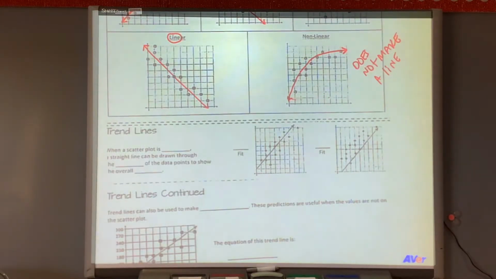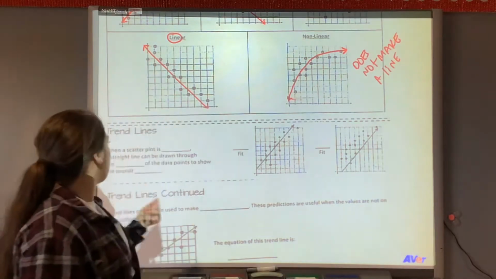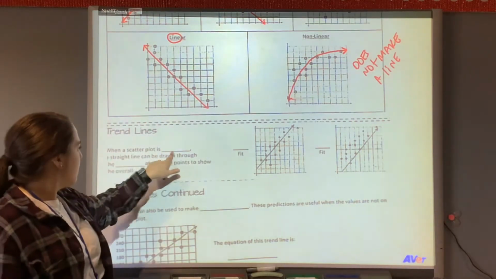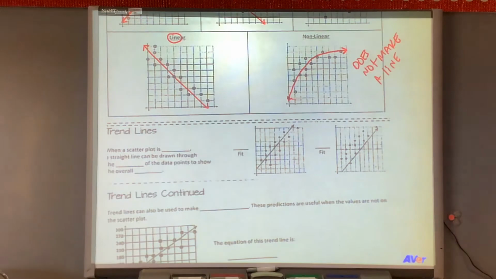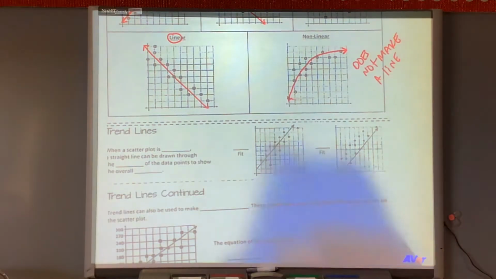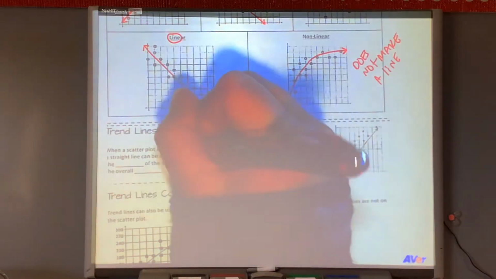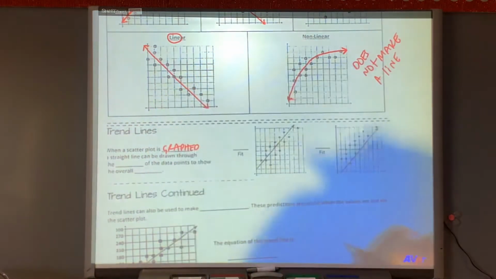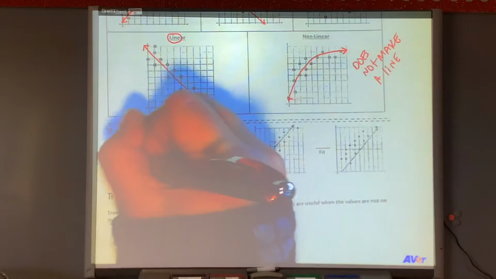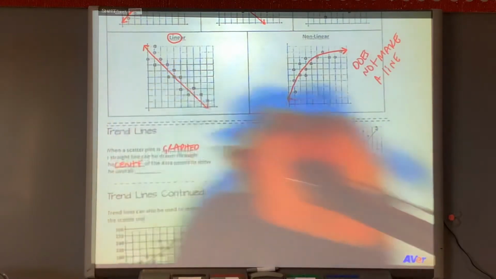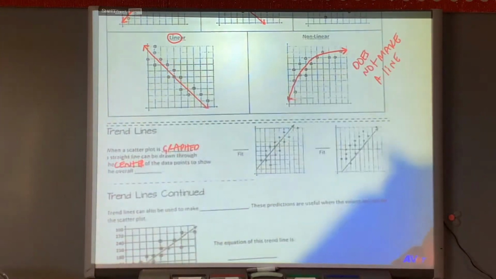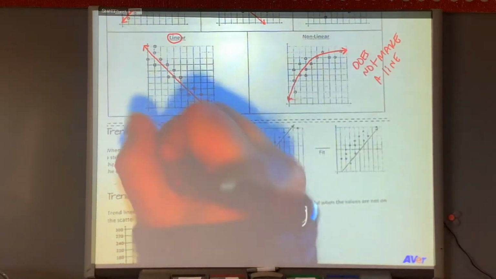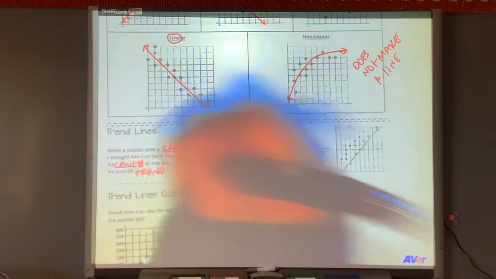Trend lines, let's talk about, so we were drawing trend lines earlier, but let's give it a formal definition. It says when a scatter plot is graphed, a straight line can be drawn through the center or middle, whatever you'd like to write, of the dots to show the overall trend.